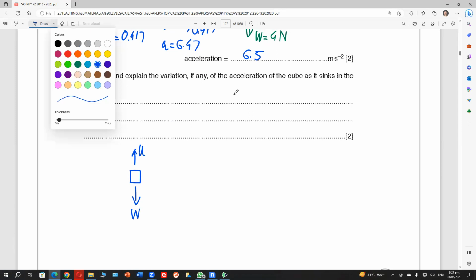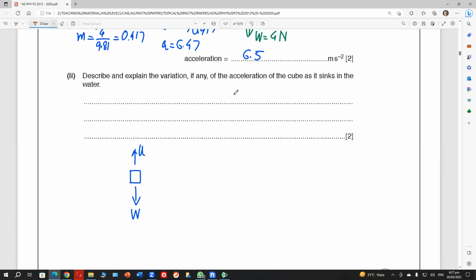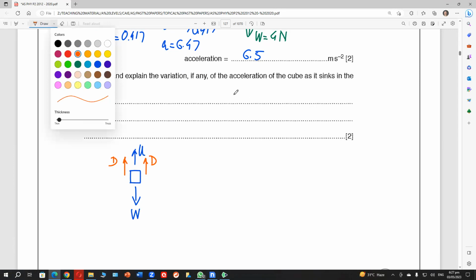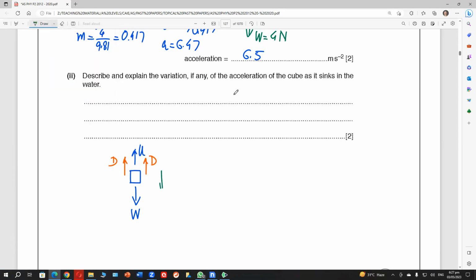But as it goes down, another force will appear, and this is called viscous drag. This is the acceleration. It's a famous concept. You must have got the idea that this is the story of terminal velocity.